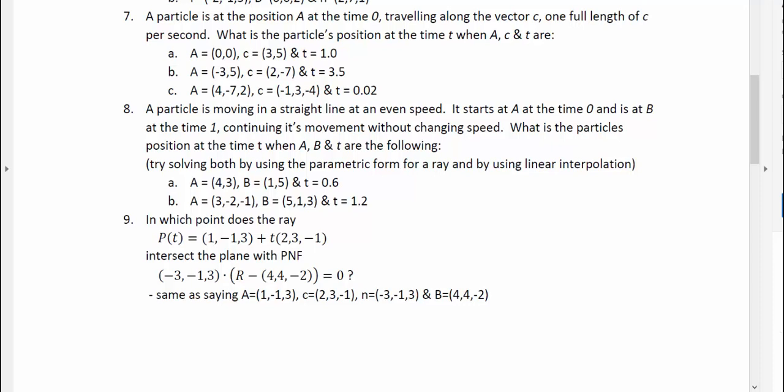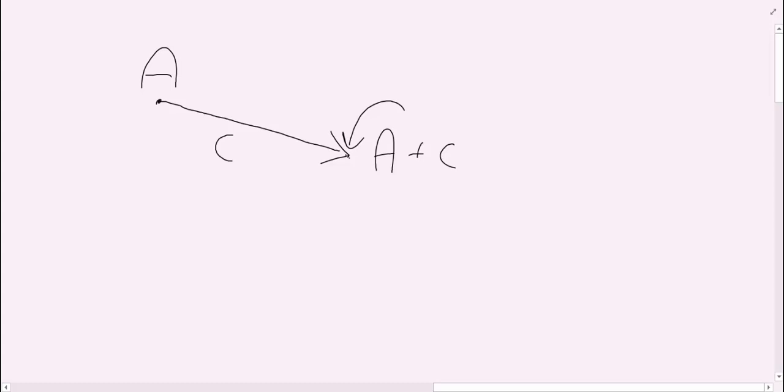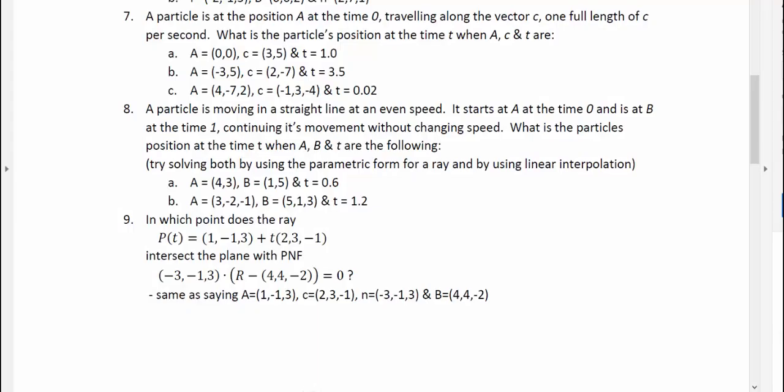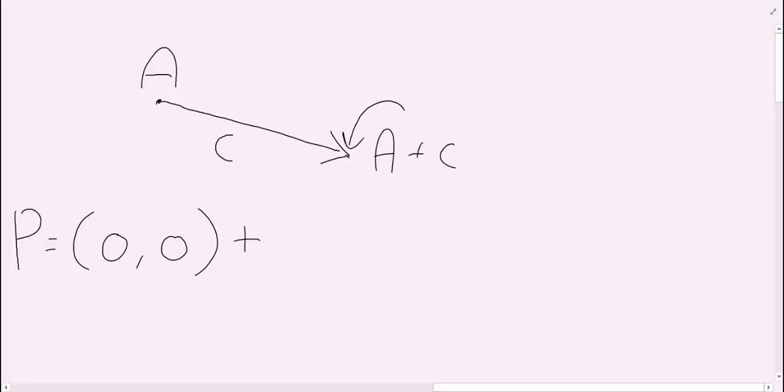So A, we have 0, 0, c is 3, 5, and t is 1. So in the first case, we have 0, 0, plus, you can just say the position simply equals the point A plus the time t times the vector c, plus 1 times the vector c, which is 3, 5.